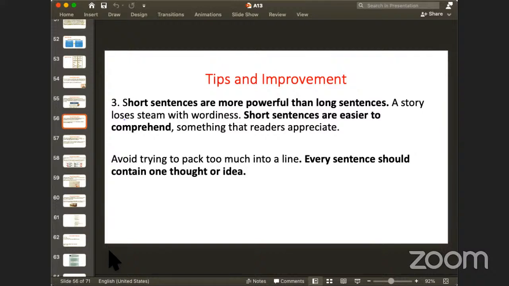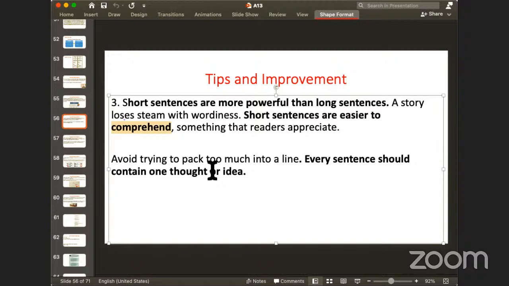So we should always try to shorten our paragraphs, because in that way it will be easier for the reader to comprehend what we're explaining. If it's too long, you will lose your reader.